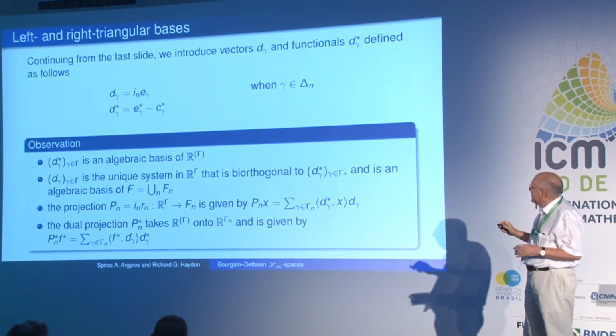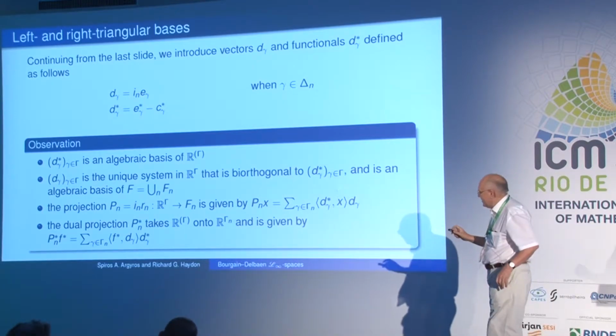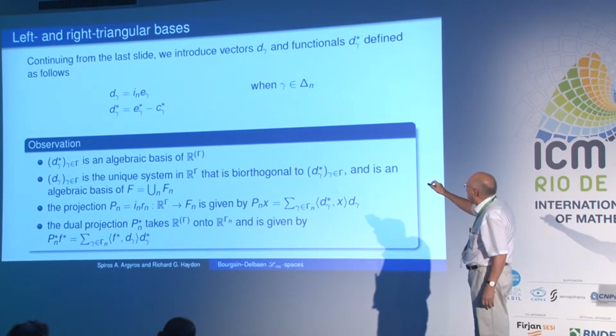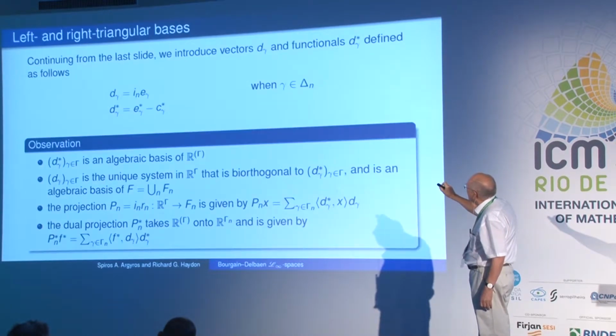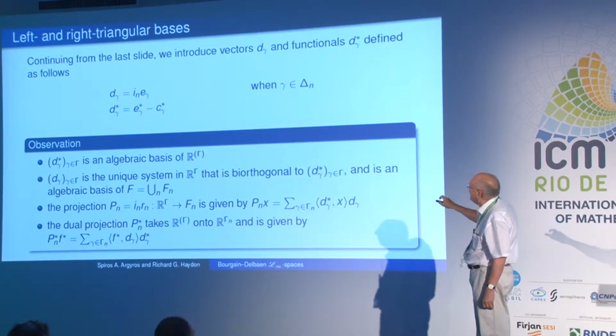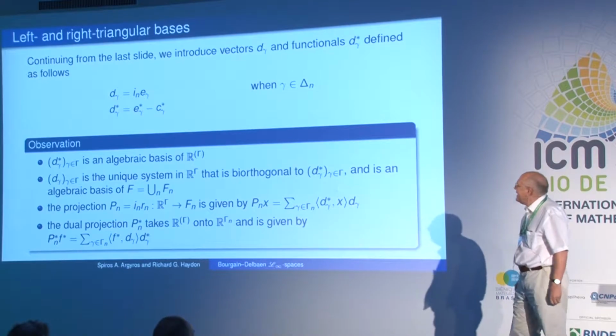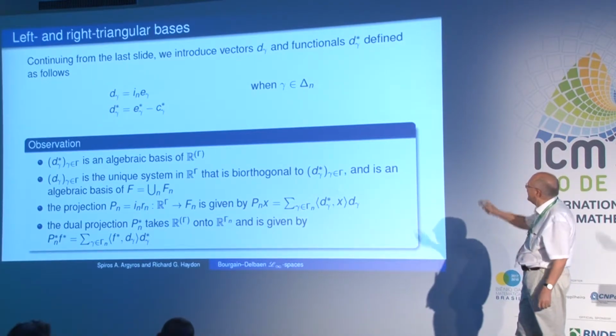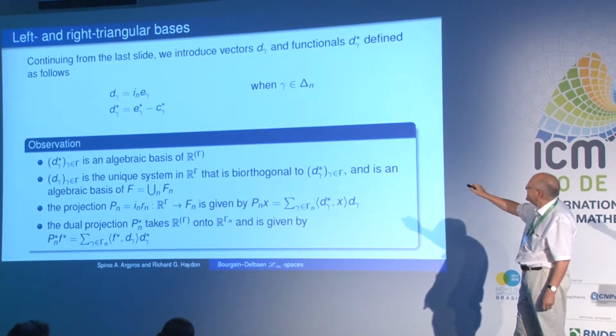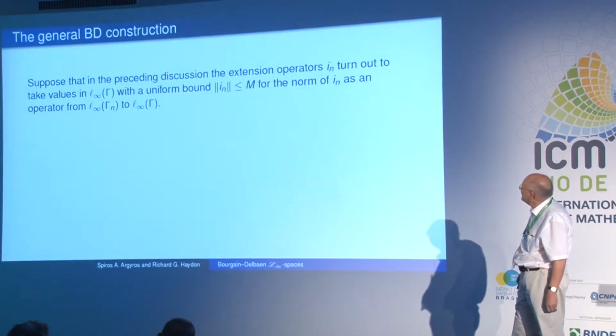I think that we can not pay too much attention to this, except that this notation is important for what follows: we define d gamma to be the extension of the unit vector at gamma, if gamma is at stage n, and d star gamma is e star minus c star. So let's press on.